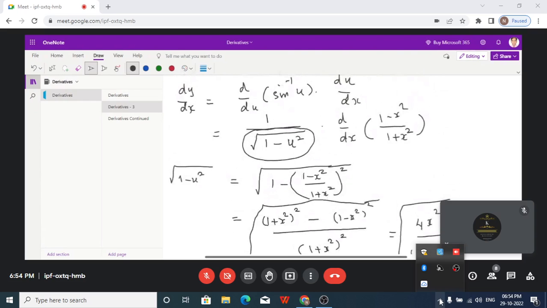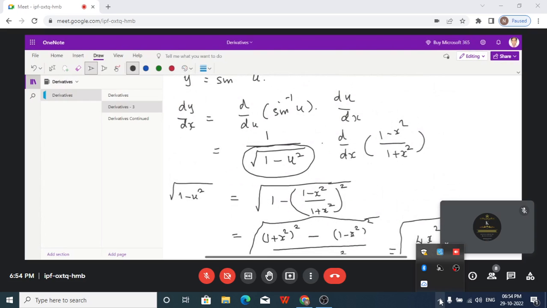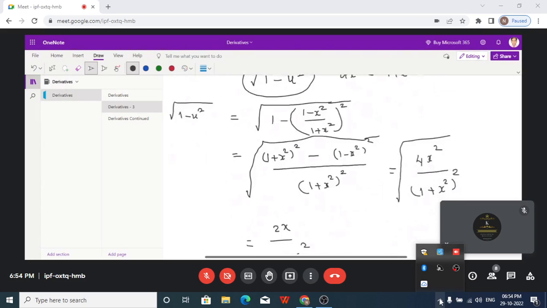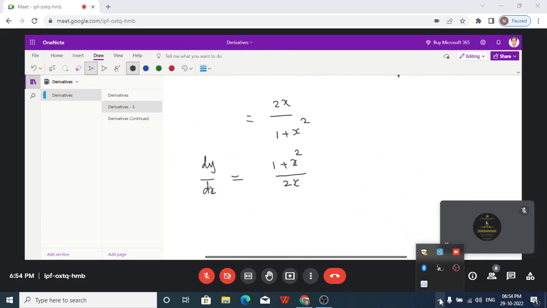So what is now d by dx of 1 minus x square by 1 plus x square? Let us do that part alone.